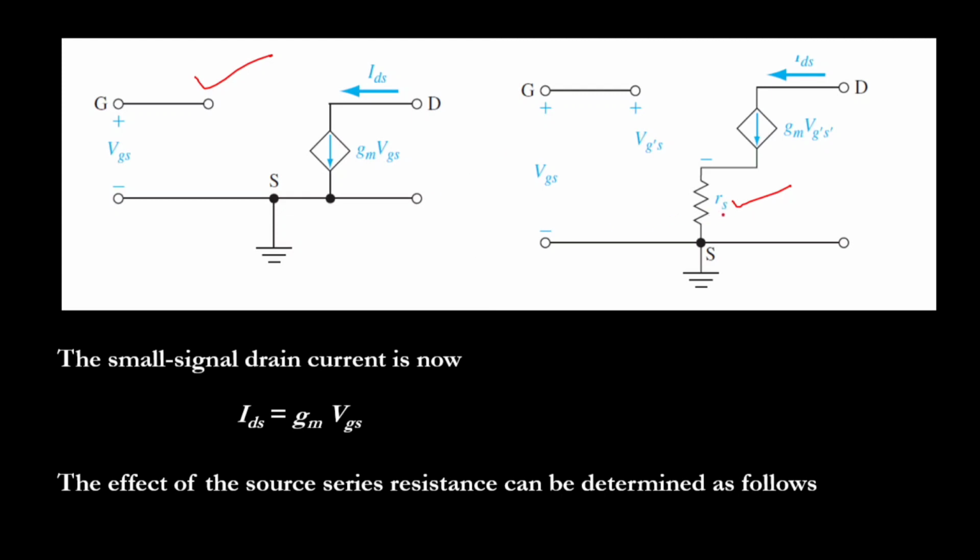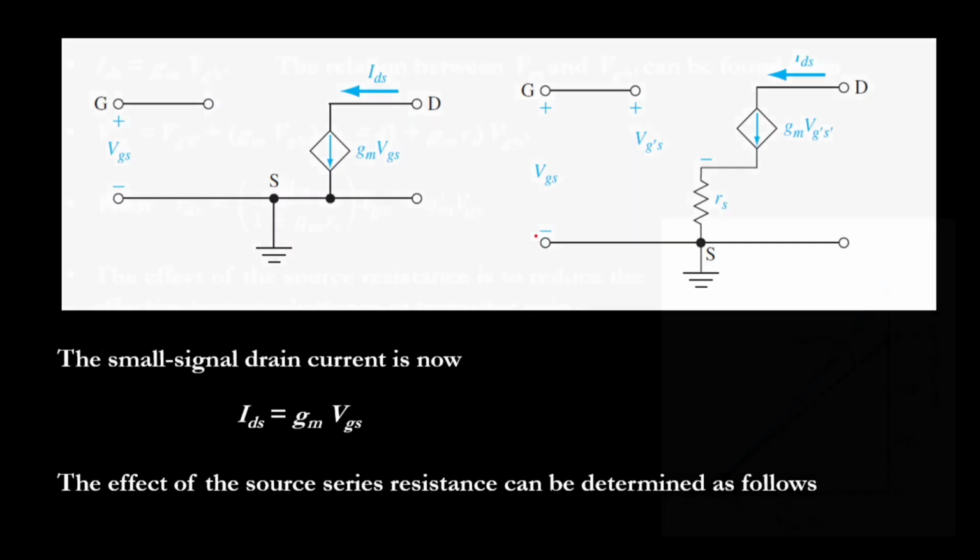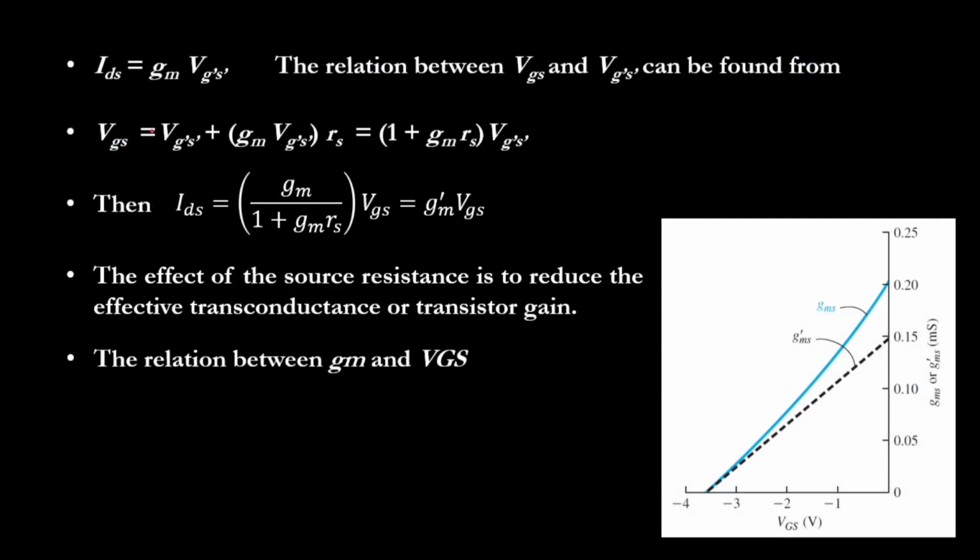The effect of the source resistance can be determined as follows. The effect of the source resistance is very important; rather than considering other resistances, we have to consider the source resistance, which is in series. IDS is gm VGS.